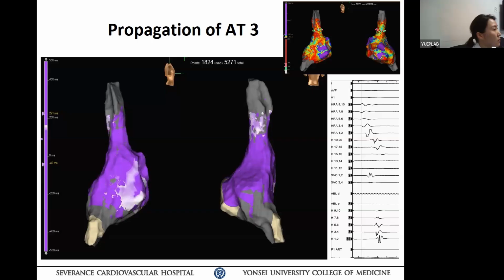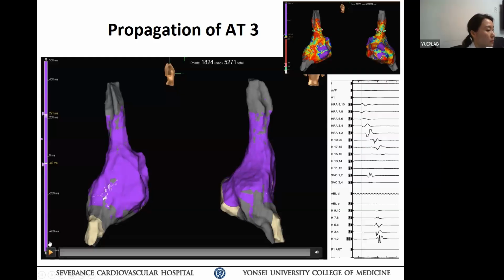It involves the sinus venarum and crista terminalis, because the crista terminalis has a very high safety factor. Have you ever heard about safety factor? Safety factor is the ratio of conduction velocity, longitudinal conduction versus transverse conduction, anisotropy, right? The crista terminalis has a very high safety factor. Longitudinal conduction is very high compared to the transverse conduction, and it also has a big obstacle. So that's why it could make a transverse conduction block and a functional reentry.